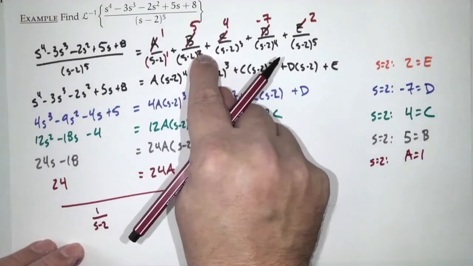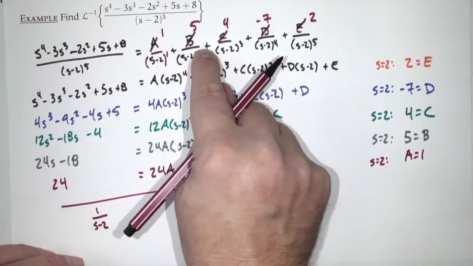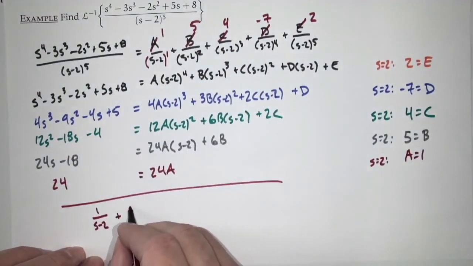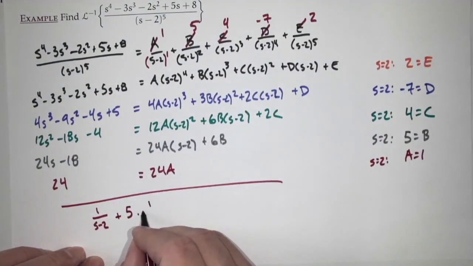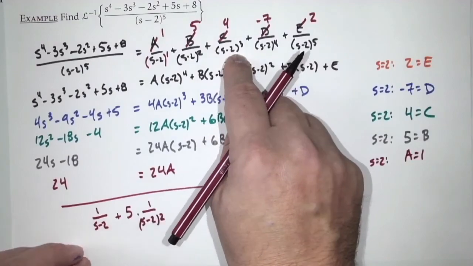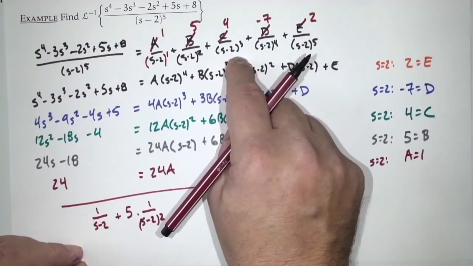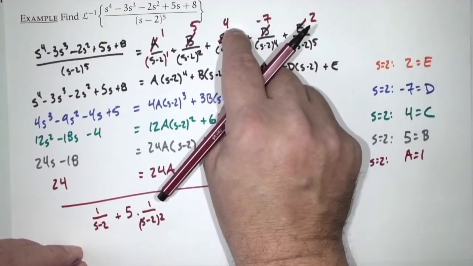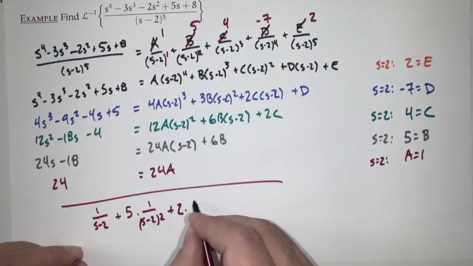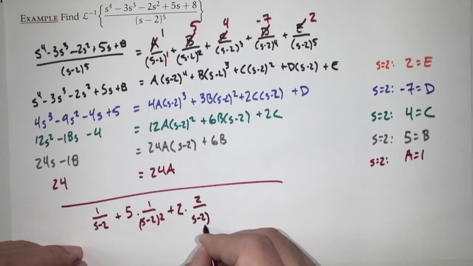Here, 1 plus 1, we want 1 factorial upstairs. What do we have now? 5. So we'll pull the 5 out: 5 over s minus 2 squared. Then s minus 2 cubed. So 2 plus 1, we want 2 factorial upstairs. We have 4, so we'll put 2 times 2 over s minus 2 cubed.